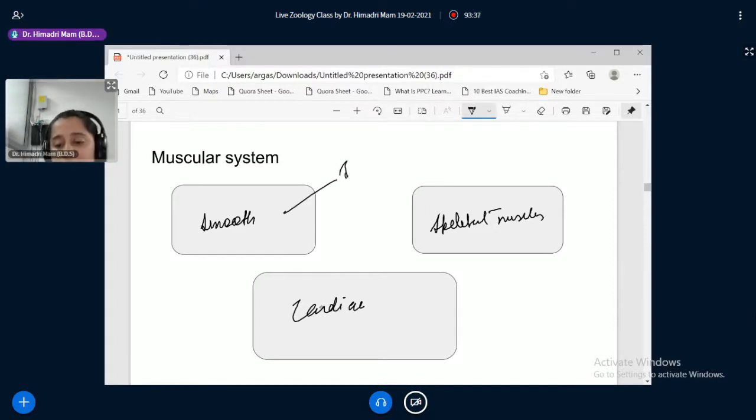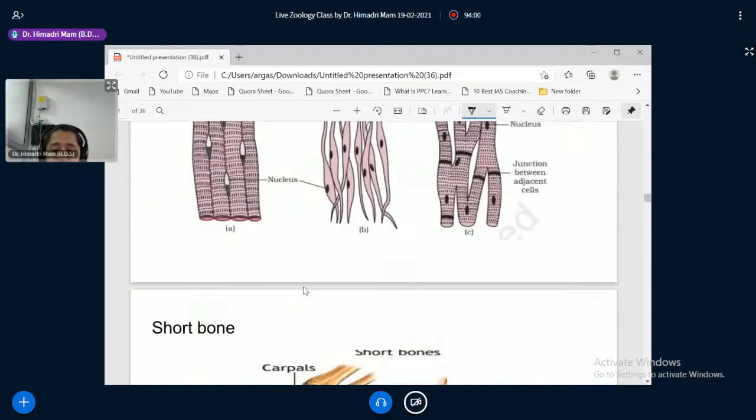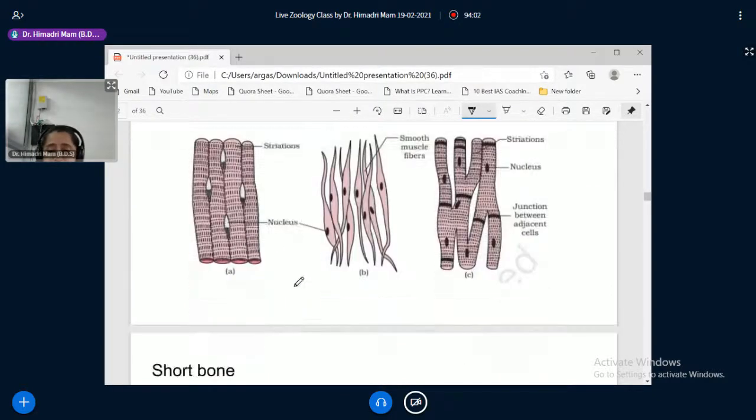Smooth and cardiac are involuntary. Skeletal is voluntary. We have the actin and myosin. Okay. Cardiac is also involuntary. We have the actin and myosin filaments as well, with these striations. Can you appreciate? These are the smooth muscles.